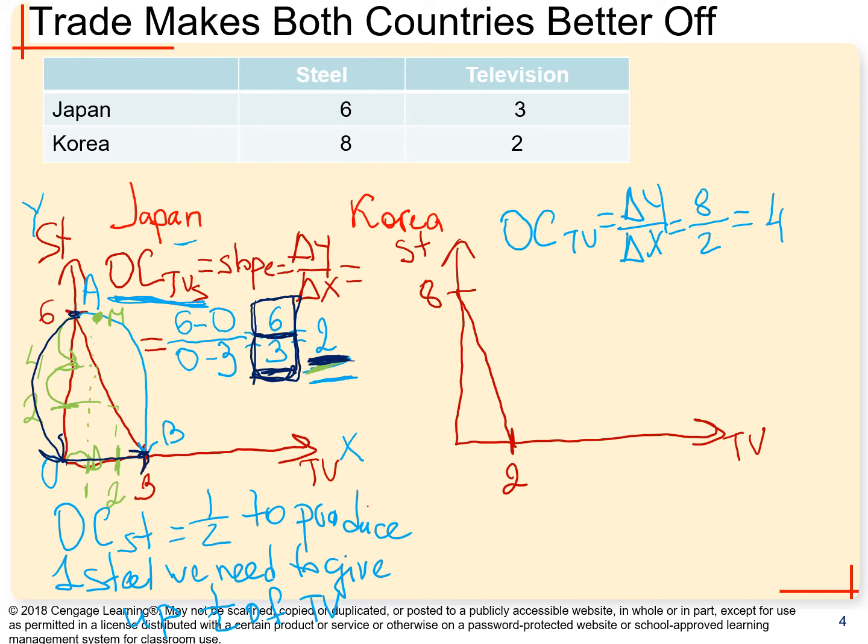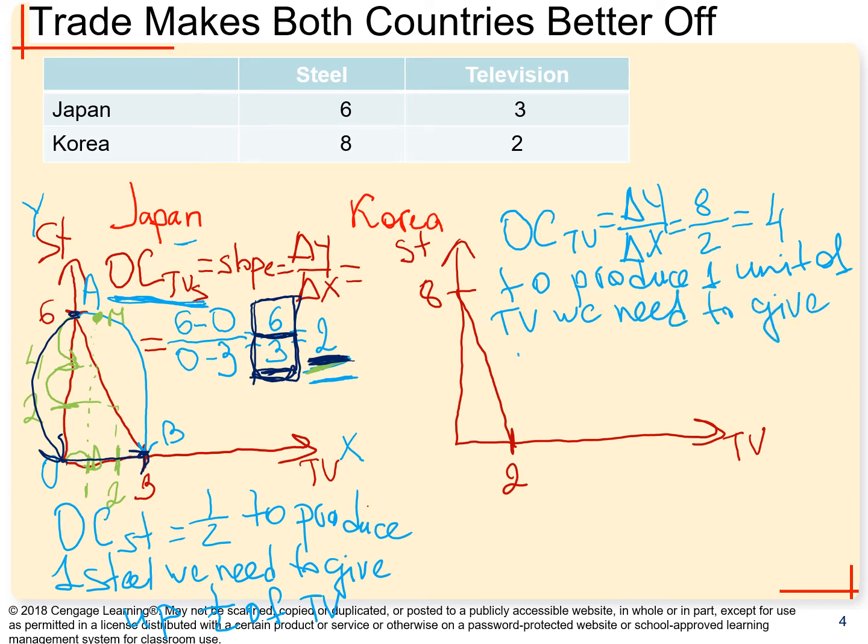It means that in order to produce 1 unit of TV in Korea, remember that concerns Korea, we need to give up 4 units of steel. So remember that. And opportunity cost of steel is going to be equal to a quarter of TV. That one, the second opportunity cost, is really easy.